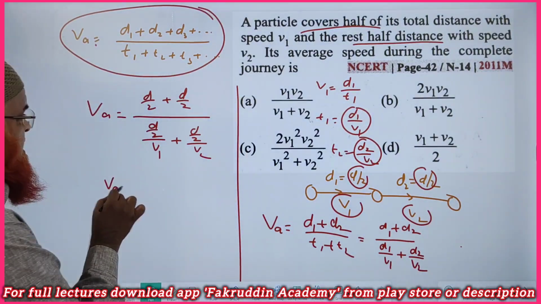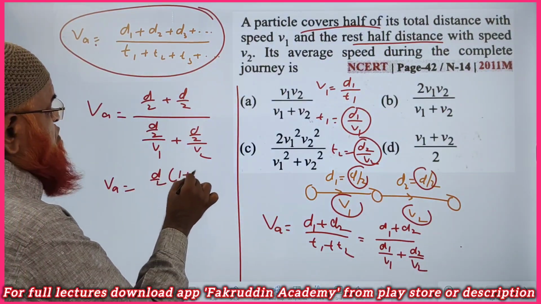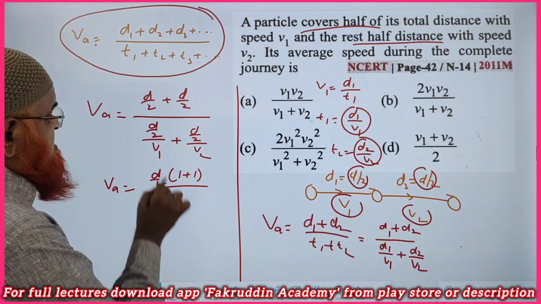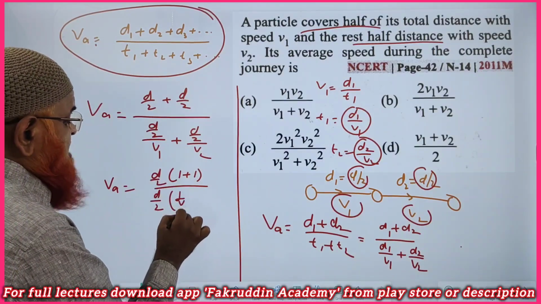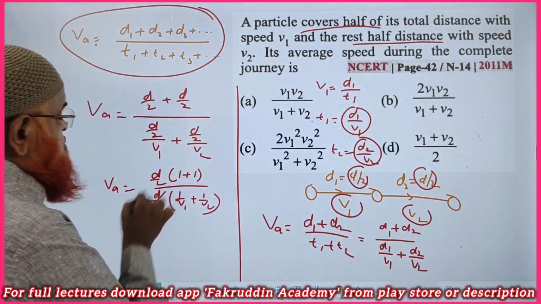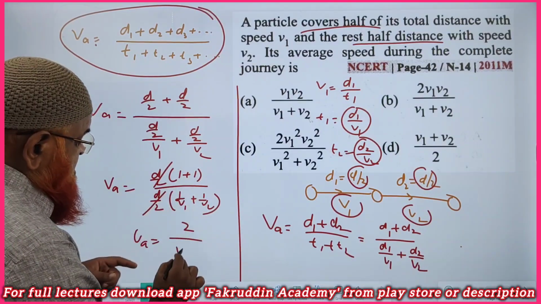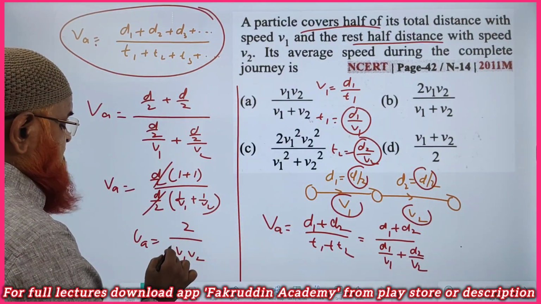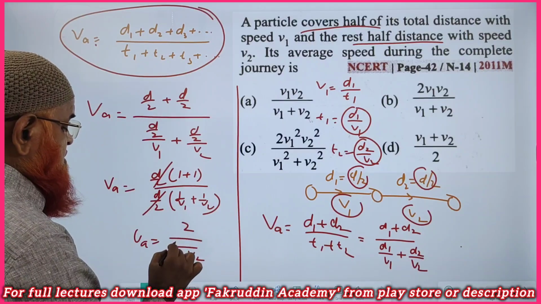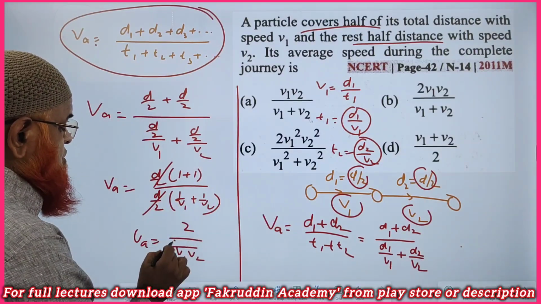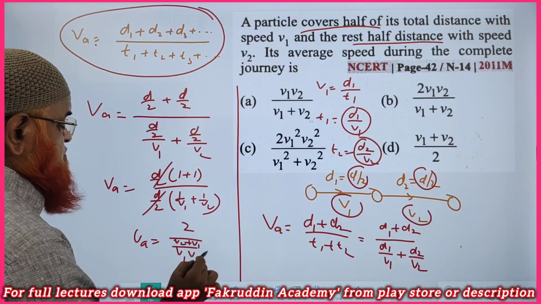I will common out d by 2, getting 1 plus 1 in the numerator, and 1 by v1 plus 1 by v2 in the denominator. So d by 2 gets cancelled. For V average, you add them: the LCM is v1 v2, and in the numerator you will get v2 plus v1.